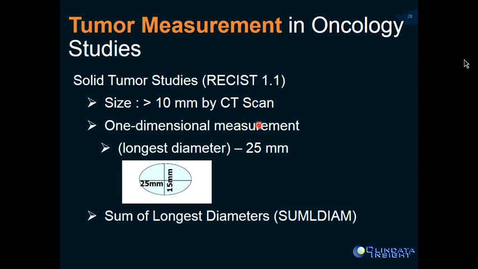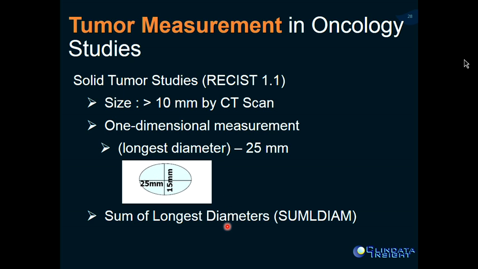So now let's talk about tumor measurement. In oncology studies, different subtypes of study determine how we measure tumors. For solid tumors following RECIST 1.1, we usually measure lesions bigger than 10 millimeters by CT scan. It is a one-dimensional measurement. So in this example, we only measure the longest diameter, which is 25 millimeters. Then we sum up all those longest diameters for the patient.